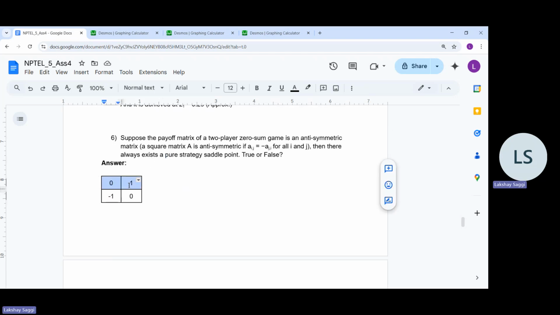Note that if the row player chooses row one, then the column player has the maximum set to one. If the row player has chosen row two, then the column player will choose this zero, because minus one is less than zero, and the column player wants to maximize. So in one case, the column player chooses one, and in the second case, the column player chooses zero.